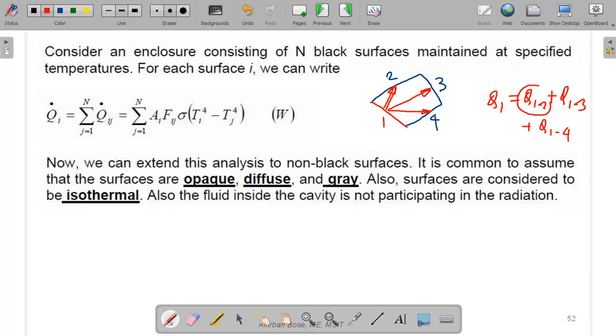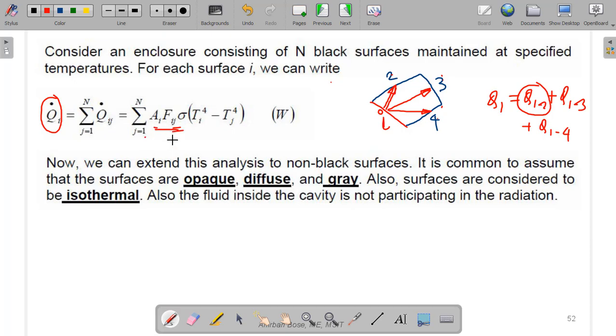Already we have calculated what happens between any two surfaces, and that expression you know. If you consider two surfaces, say this surface is I and the J surface may be varying over the other surfaces, 1, 2, 3, 4 in that way. So the net heat transfer from 1, if you want to calculate, you have to consider all the surfaces from 1 to n.